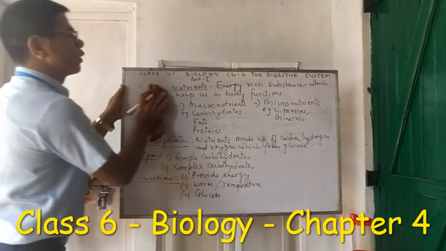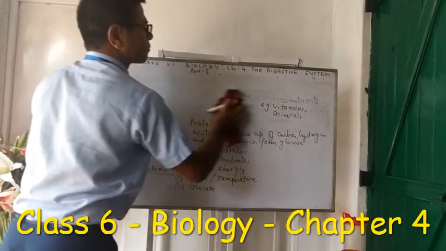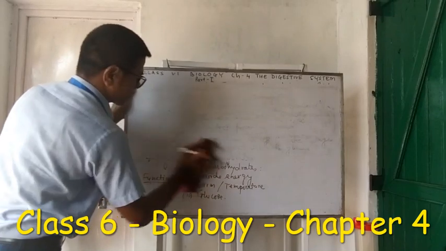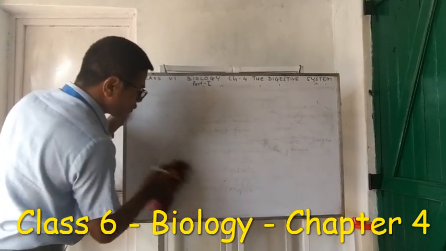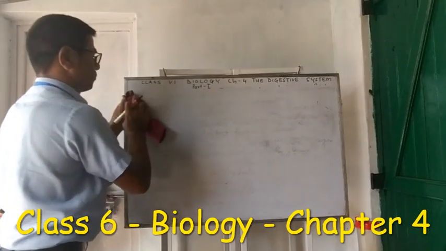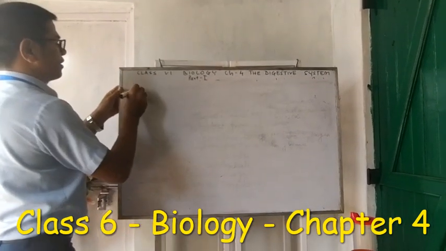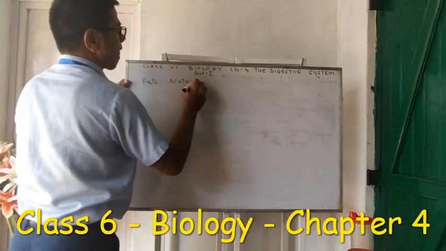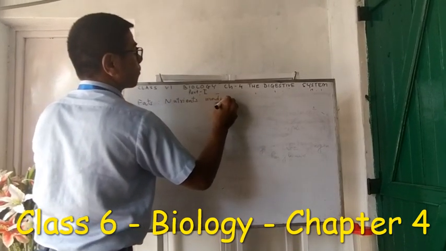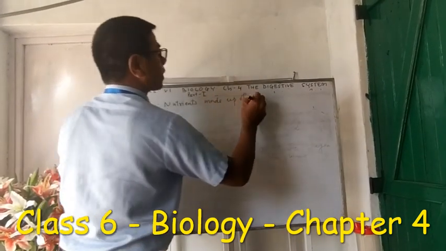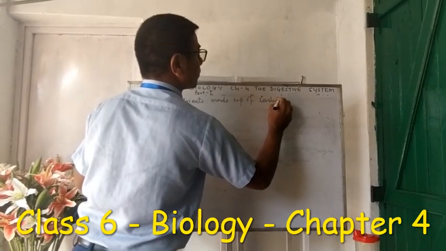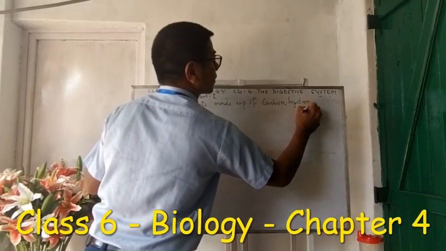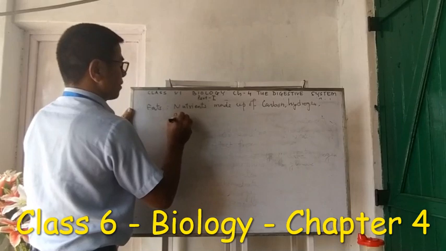Now, we will go to fats. Every one of us likes to eat rich food, tasty food, which are mostly fats. So, let us write fats. What are fats? Nutrients made up of, like carbohydrates, carbon, hydrogen, and oxygen.